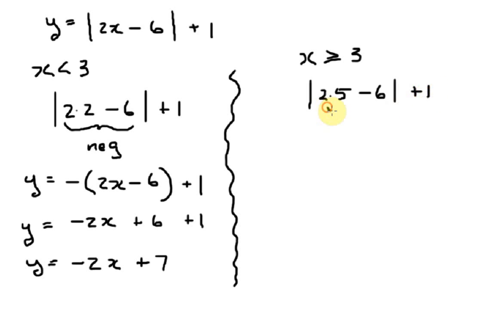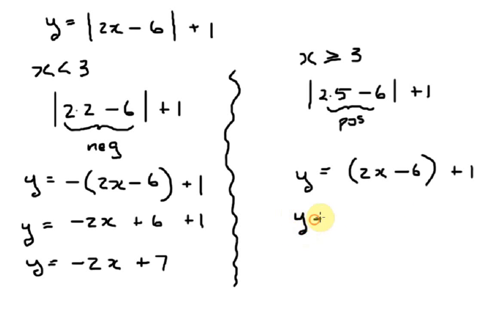You can see this number here is positive. Do the absolute value symbols actually do anything? The answer is no, because this number is already positive. I don't need any absolute value symbols. So I'm just going to leave this expression alone, 2x minus 6 plus 1. No need to change anything. These are always positive numbers already.